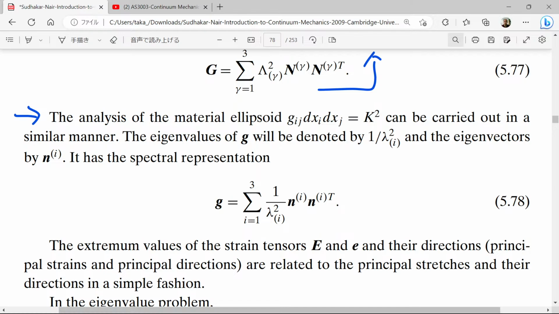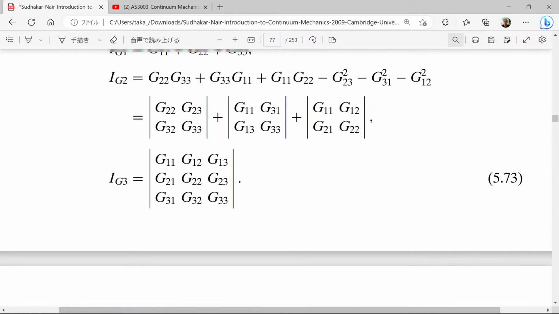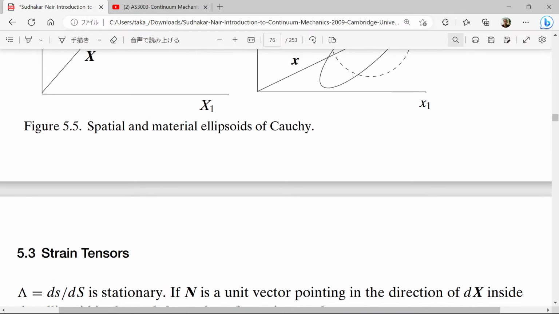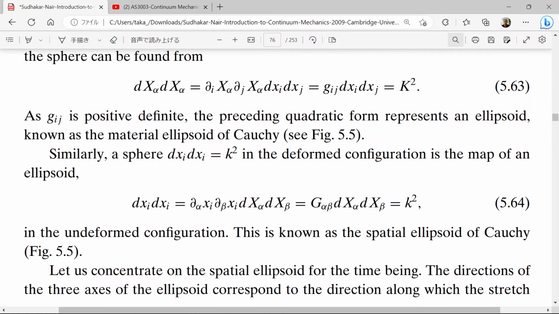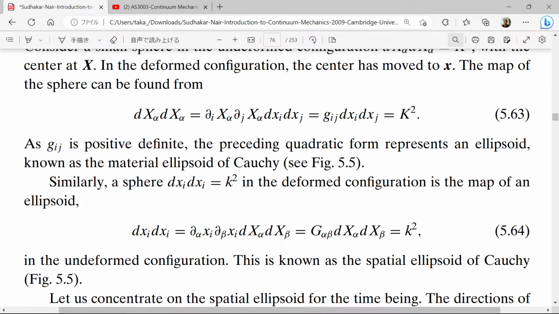It has the spectral representation. Was it correct? I'm not sure. I have to go back to see. See, this is okay. So I think in this case, now we do this one.